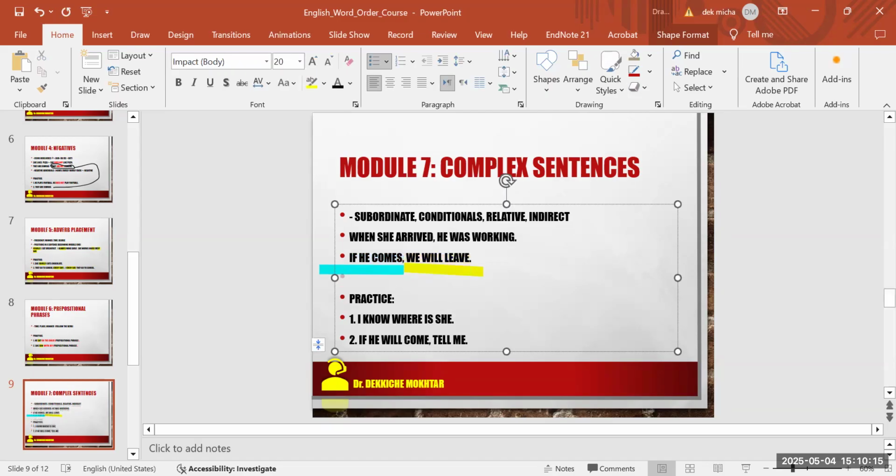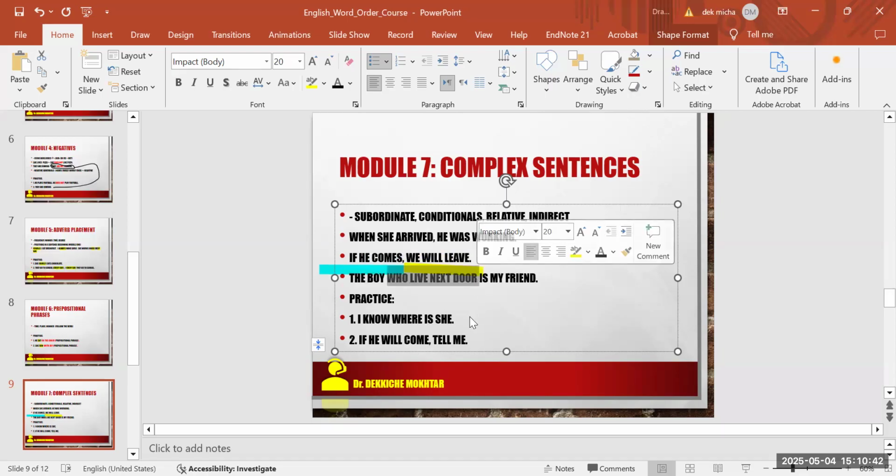Another example: the boy who lived next door is my friend. Let's remove this part.